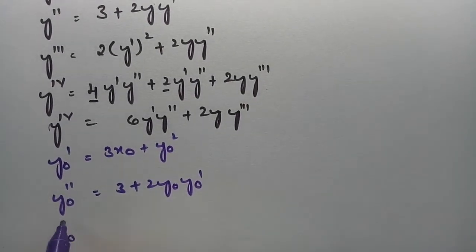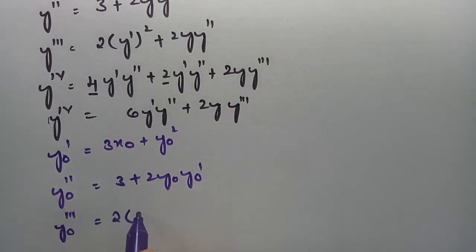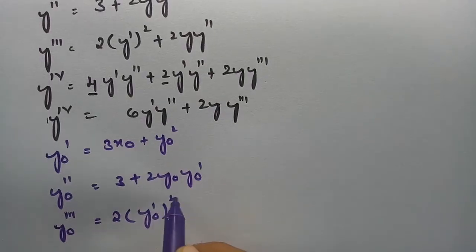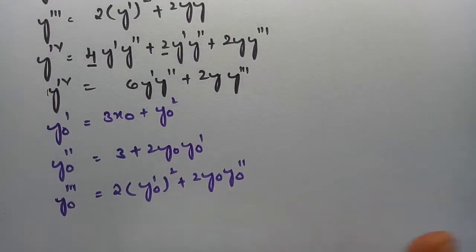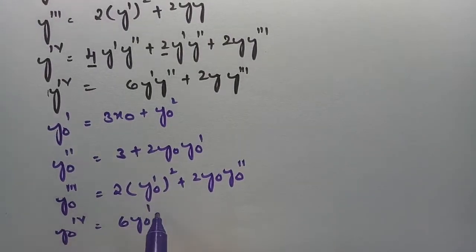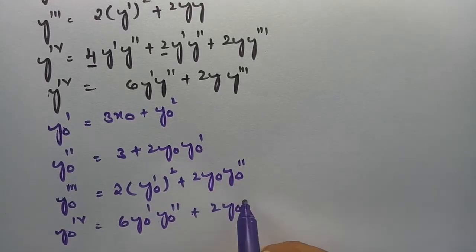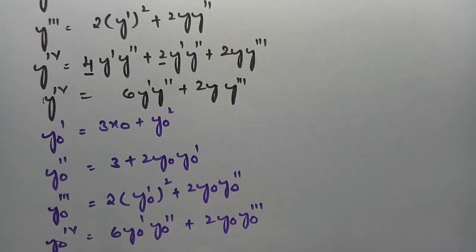The third derivative y naught triple dash is equal to 2 into y naught dash whole square plus 2 y naught into y naught double dash, and the fourth derivative is 6 y naught dash y naught double dash plus 2 y naught into y naught triple dash. So I have to substitute all the values here.